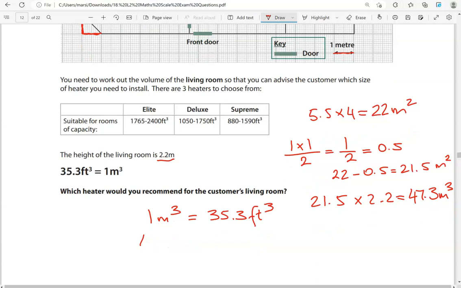So what about 47.3 cubic meters? 1 times 47.3 gives us 47.3. So we'll multiply by 47.3 on the other side as well.